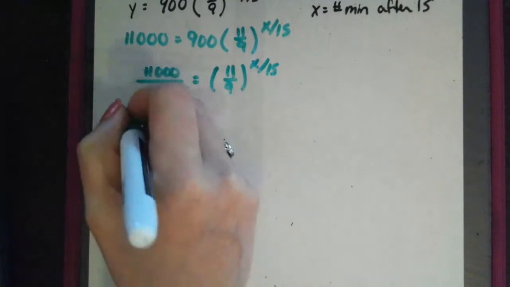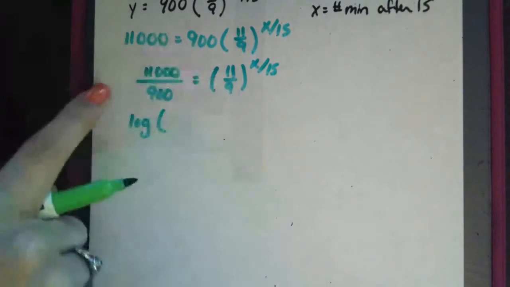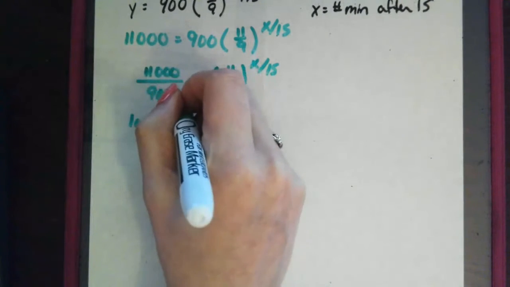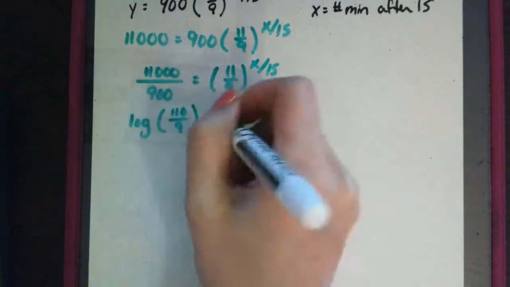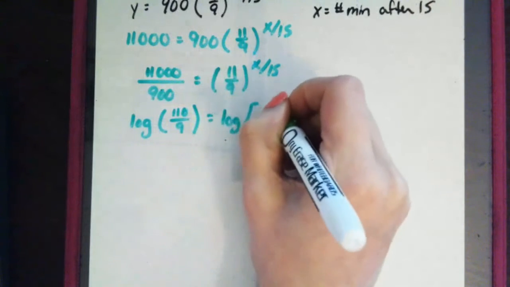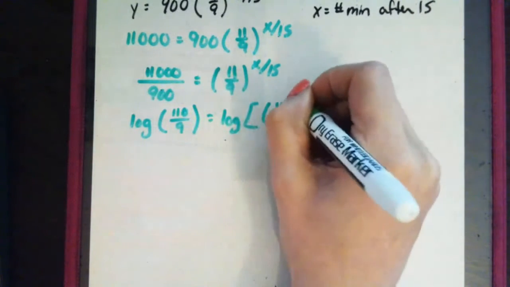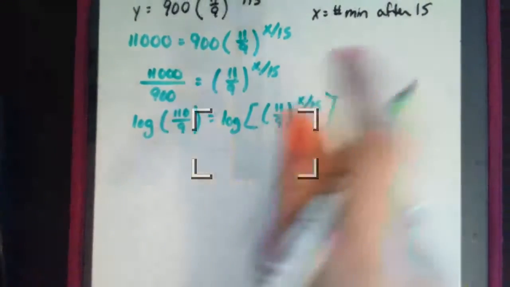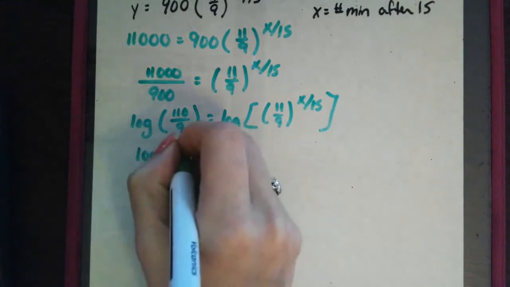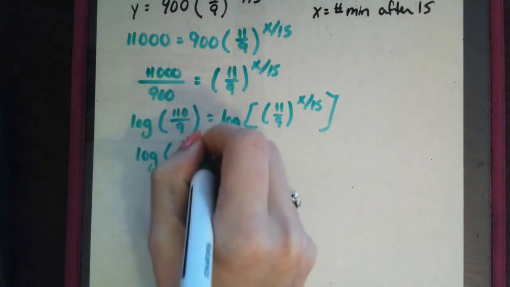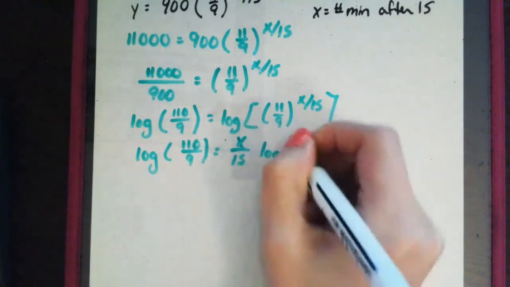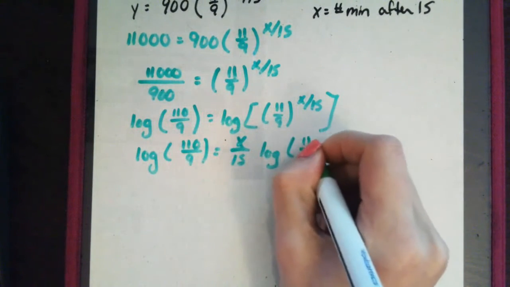I can take the log of both sides, so we get the log of, this fraction reduces to 110 over 9, and that's equal to the log of 11 ninths raised to the x over 15 power. But that exponent can move out front, so that we have the log of 110 over 9 is equal to x over 15 times the log of 11 ninths.